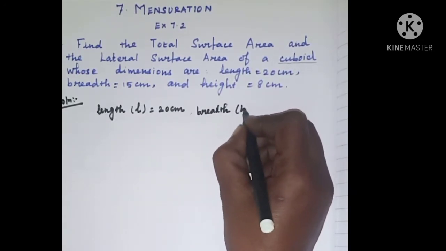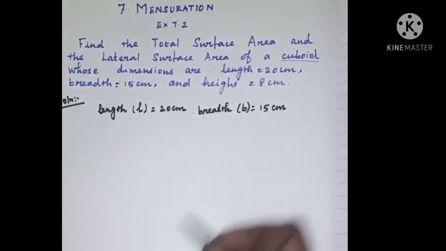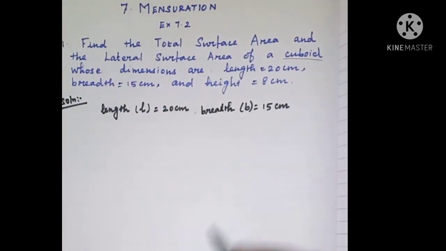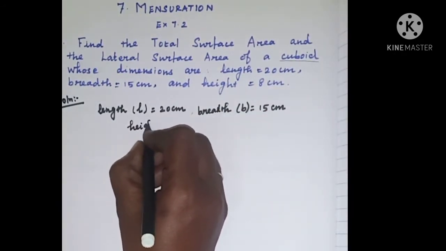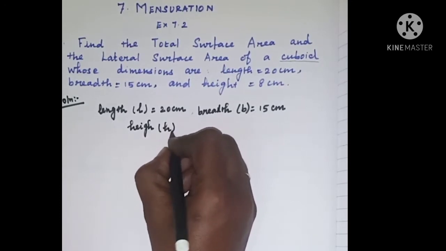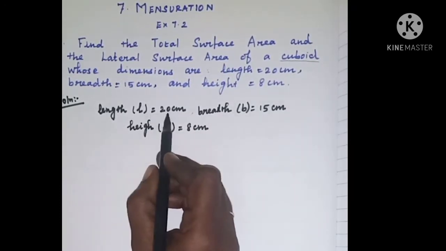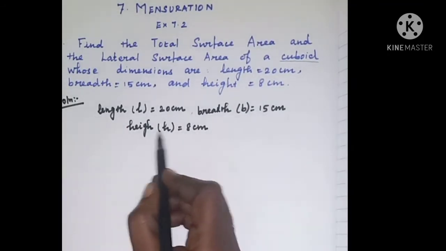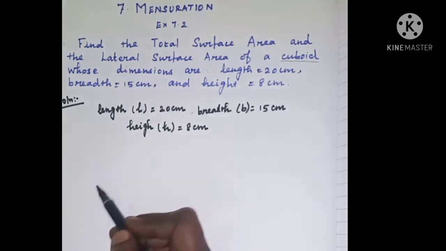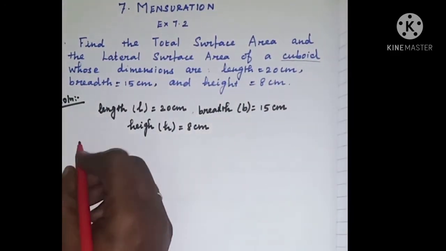Height H is equal to 8 centimeter. So L is 20 centimeter, B is 15 centimeter and H is 8 centimeter. Now we have to find the total surface area of the cuboid, isn't it?